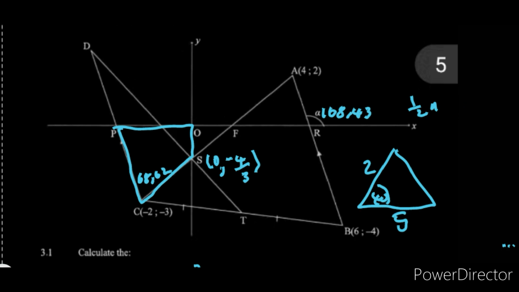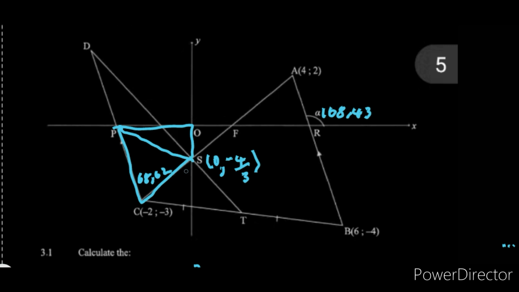The area rule is very easy to use. So we're going to split it into two triangles like this so that we can easily find the area of this triangle. So the area of this triangle is going to be half of this side times the sine of this angle. And the area of the other triangle will be very easy.